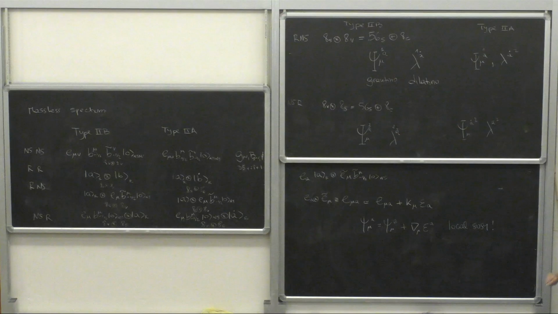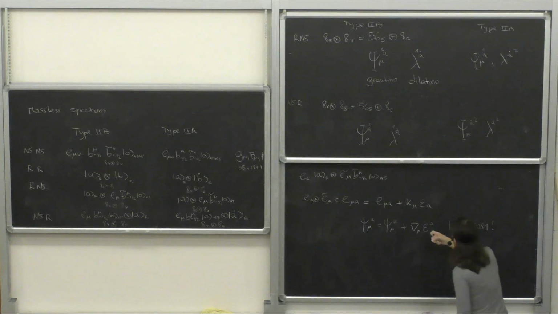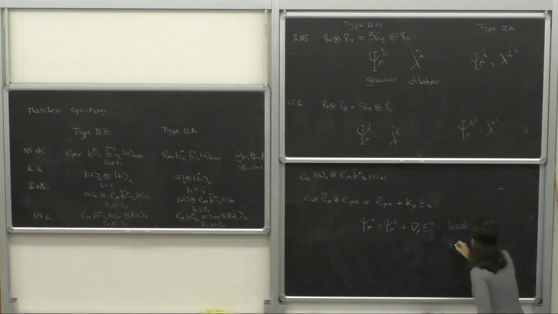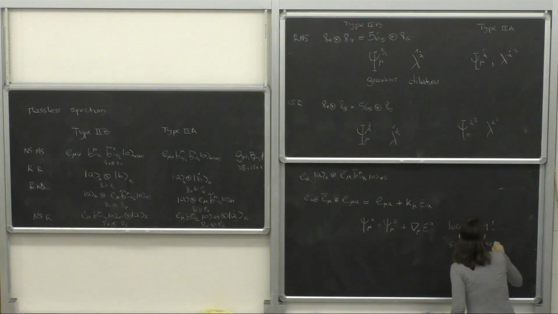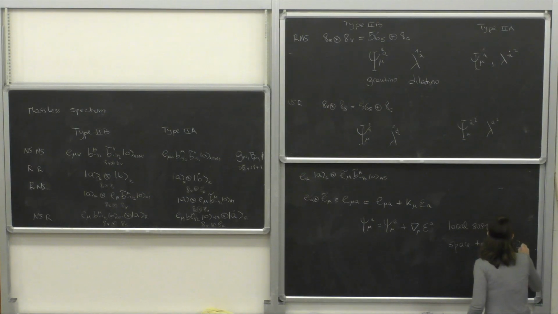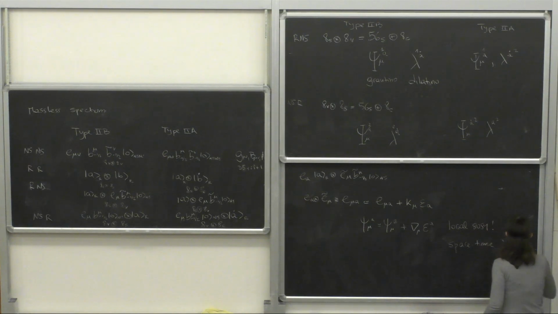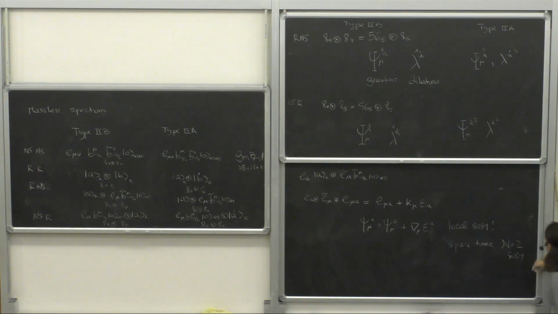And we have two gravitinos. So in space-time, each one will have a supersymmetry parameter associated. So in space-time, we have n equals 2 supersymmetry. So that's why these are called type 2.